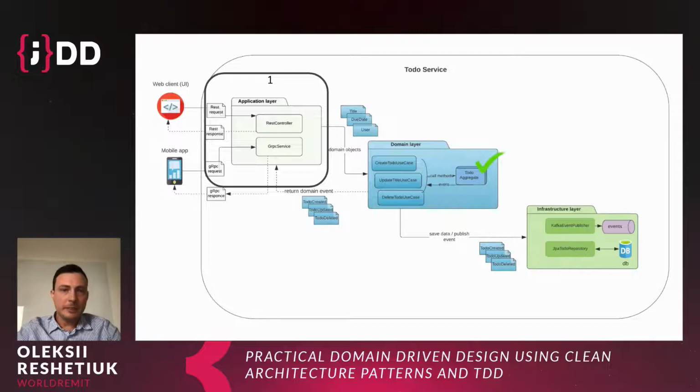And I propose to look at it in more detail. The flow starts from the left side. When the client, a mobile application, it could be a web client, triggers the application layer with a request. The task of the controller is to handle the HTTP request and do some shallow request validation. And I want to highlight that shallow validation. It means just check the data is correct. And that's it.